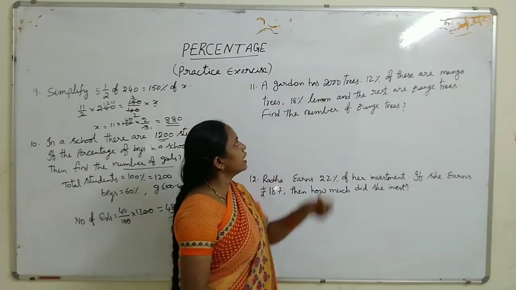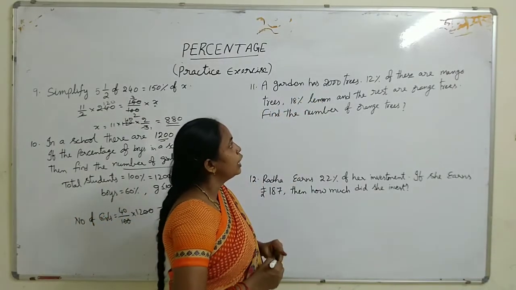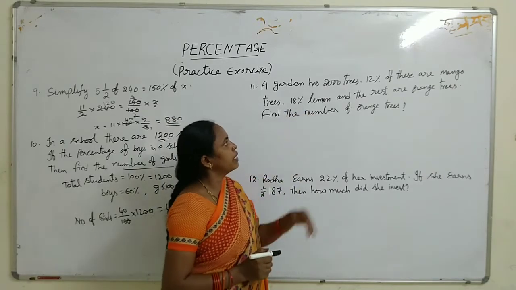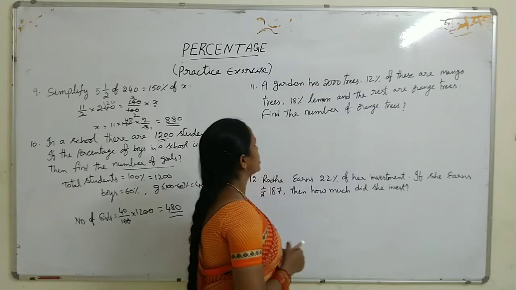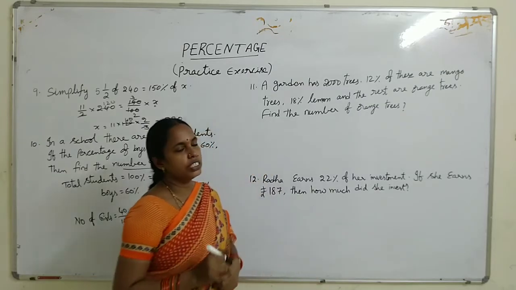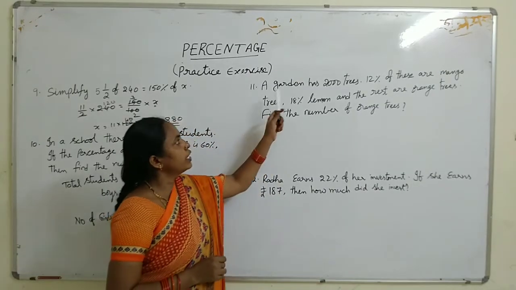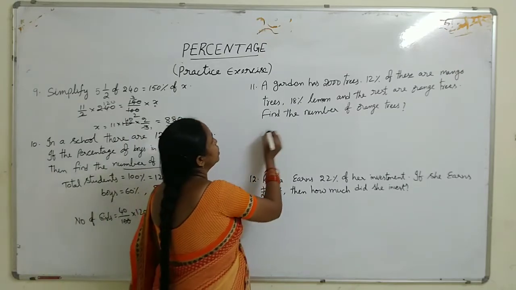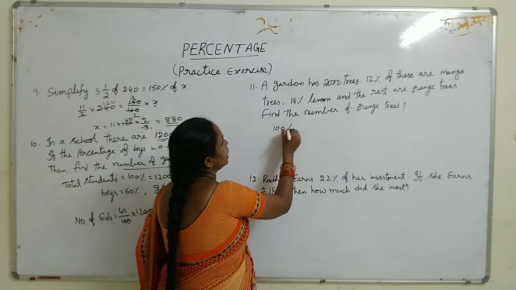A garden has 2000 trees. 12% of these are mango trees, 18% lemon, and the rest are orange trees. Find the number of orange trees. So in the garden, total trees is equal to 100%.